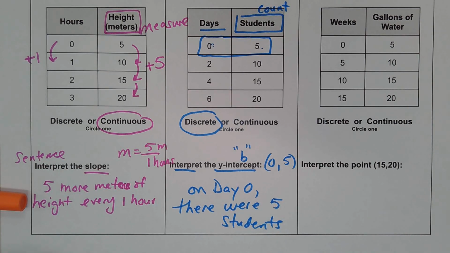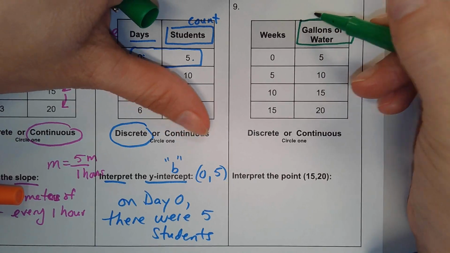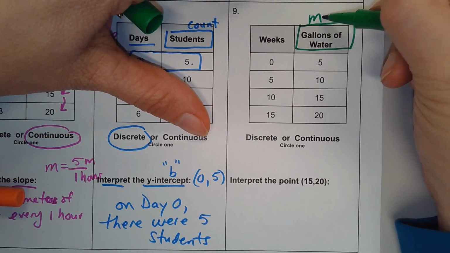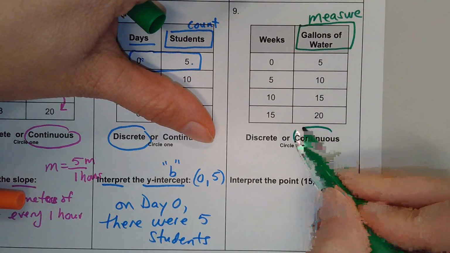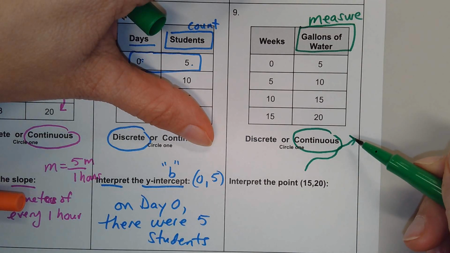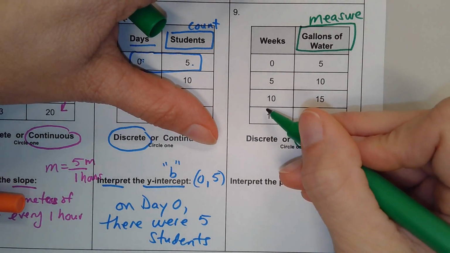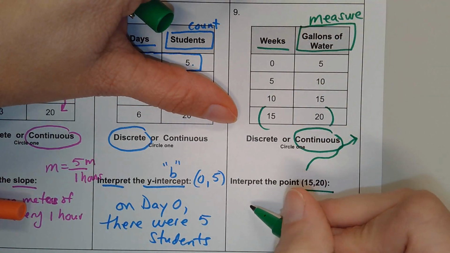Okay, and for this last one right here, this is talking about gallons of water. We definitely measure water, so it's continuous. The graph would be connected together. Let's interpret this point right here. 15 goes with weeks.